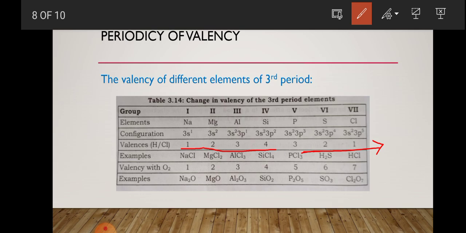At first, it increases 1, 2, 4, then it decreases gradually. But the oxygen scale valency of those elements increases. Look here, oxygen scale valency increases.